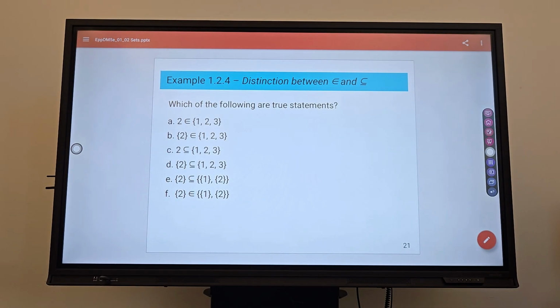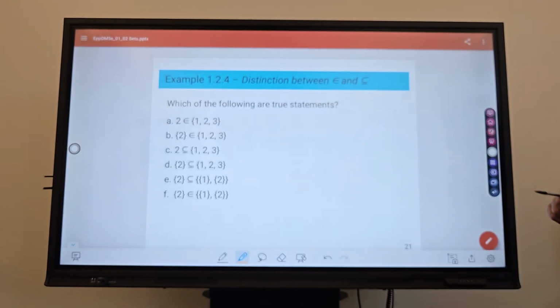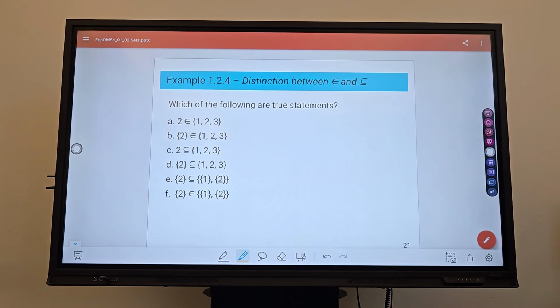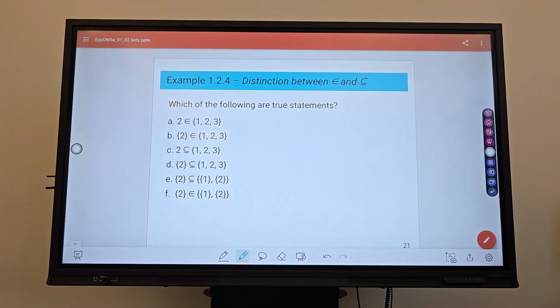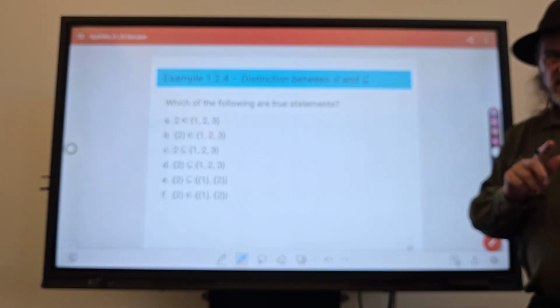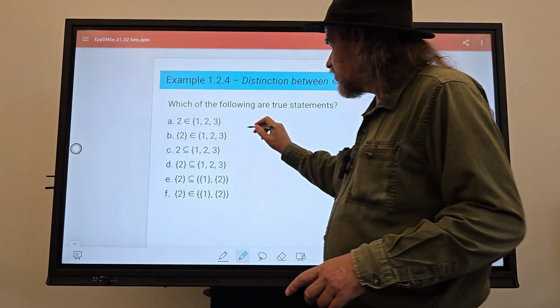Which of the following statements are true? 2 is an element of {1, 2, 3}. It is an element, not a subset. So that is true.